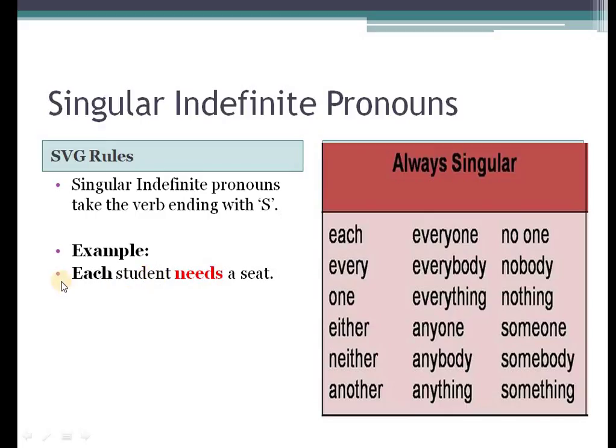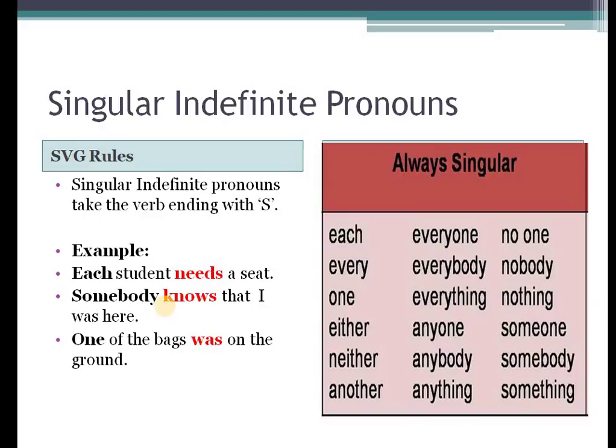Notice, each student needs a seat. The fact that we have each, needs. Next one: somebody knows that I was here. Somebody, singular, takes a verb ending with S, knows.